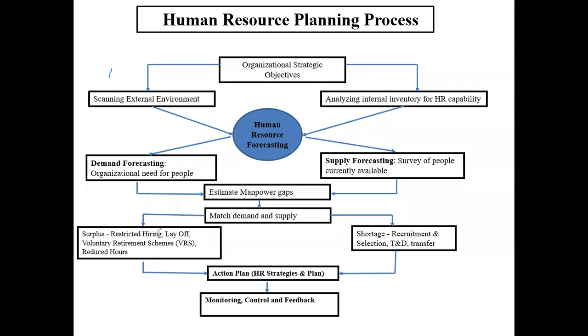And when we say you are restricting hiring, it means you are placing a freeze on recruitment and selection. So for some time, until things tilt to the other side, you are not going to engage in recruitment and selection, but you are rather going to make efficient use of the resources that you currently have. So that is the first one, restricting hiring.